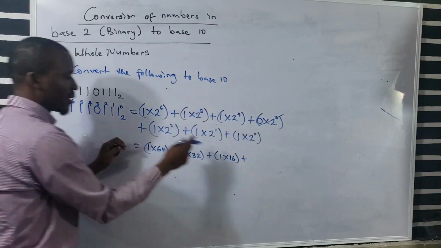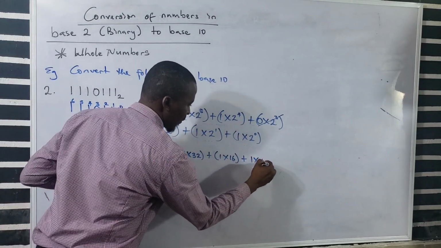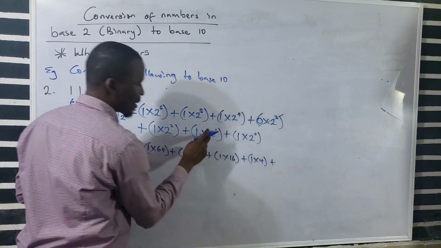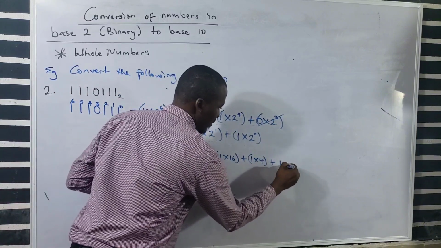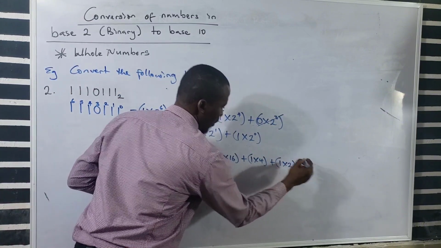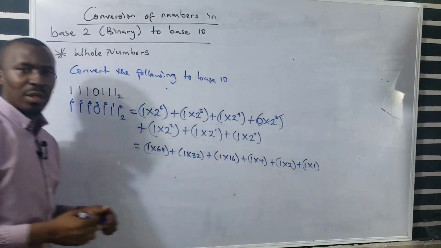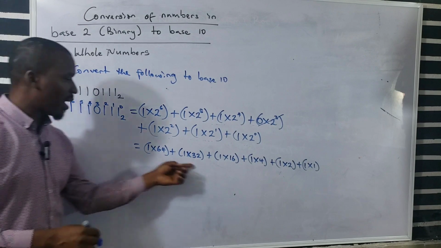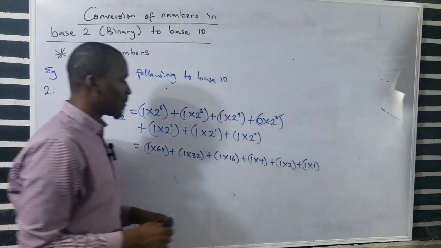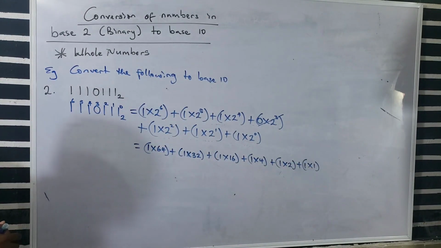So we'll move to this. 1 times 4 plus 1 times 2 plus 1 times 1. Okay, so we have to multiply each of the brackets, get our value, then we add.